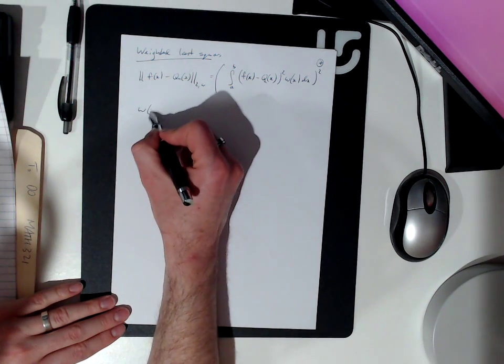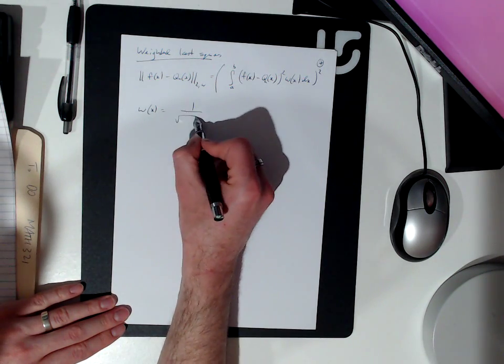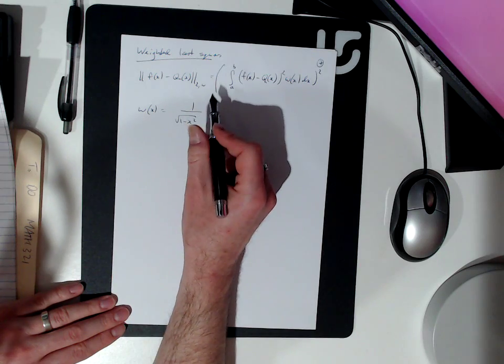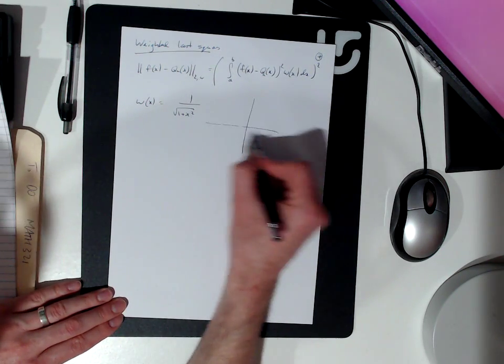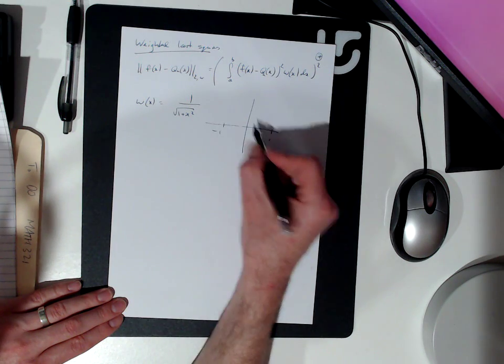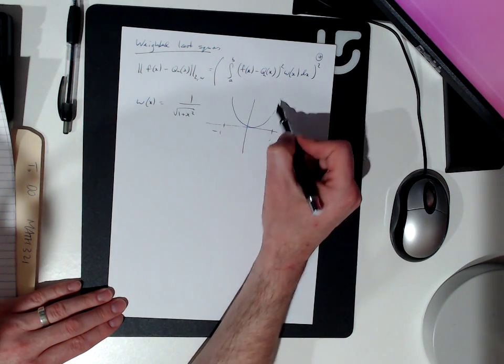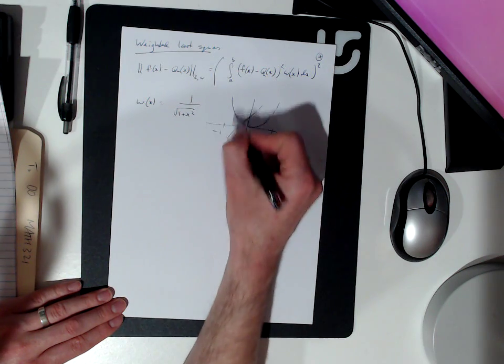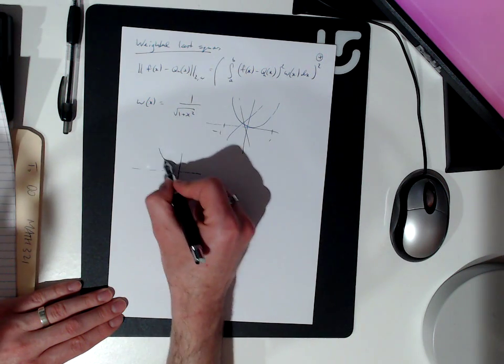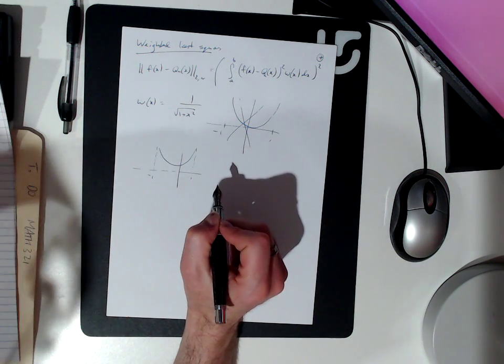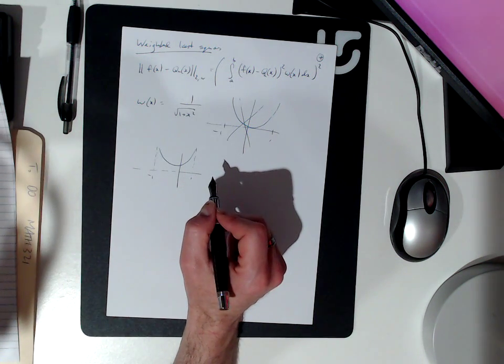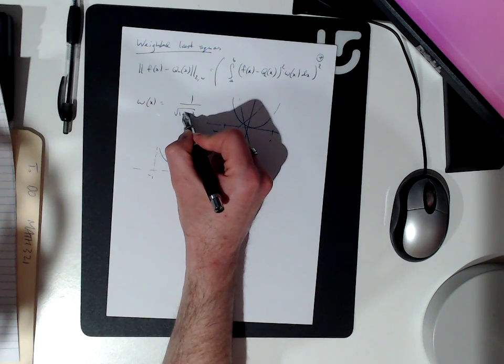So if you take the weight equal to 1 over square root 1 minus x squared, oh well, it doesn't go through 0. Sorry, that is a minus.